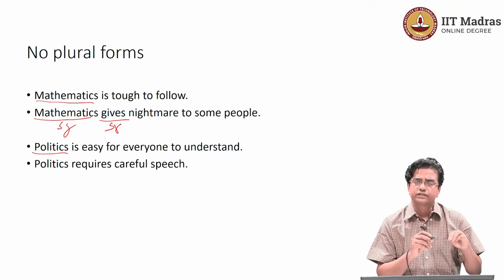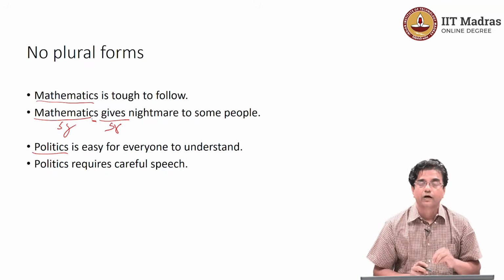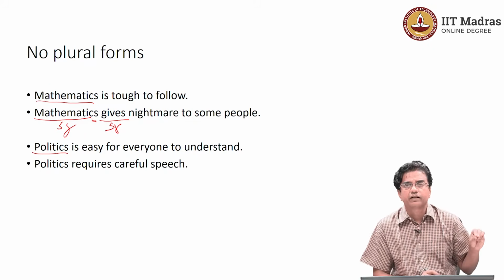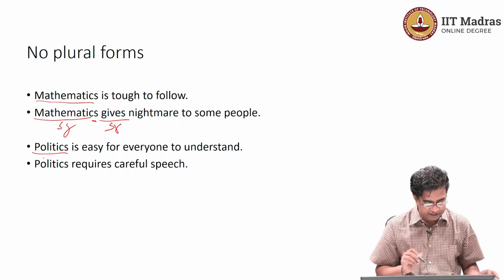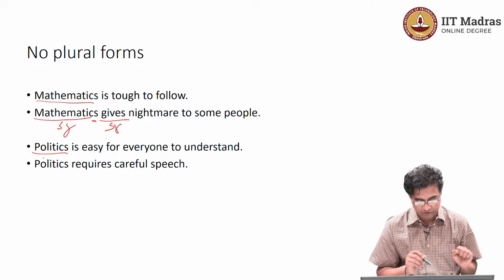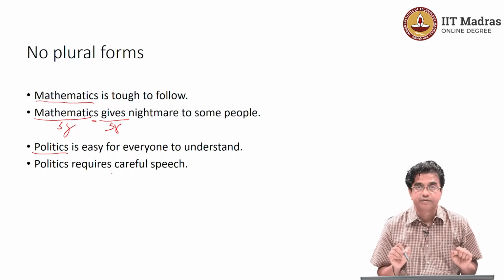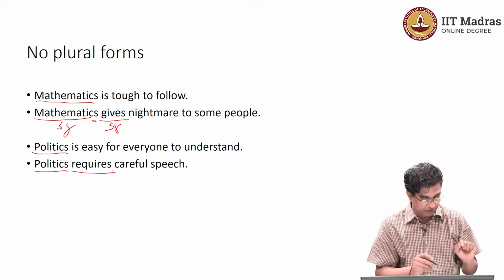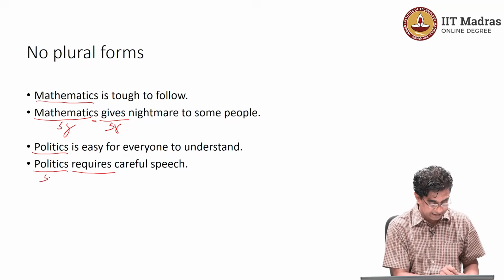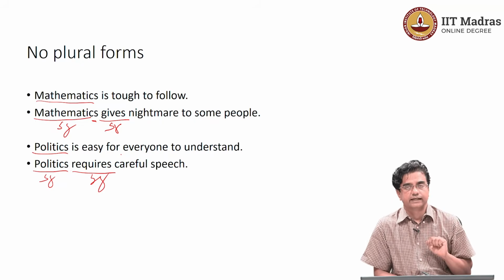Rather, the S marking here, the S on mathematics, may not be a marking of plurality at all. Same thing in politics is easy for everyone to understand, and politics requires careful speech. So here, for our purpose, we are only looking at politics as singular, with singular marking on the agreement.